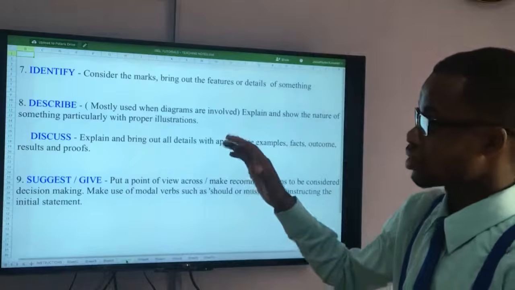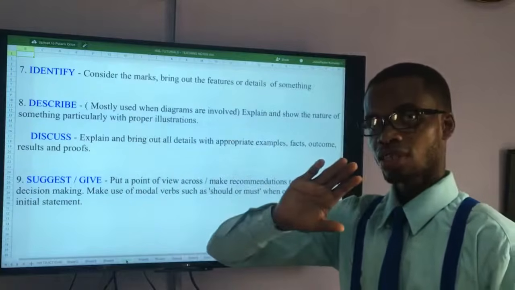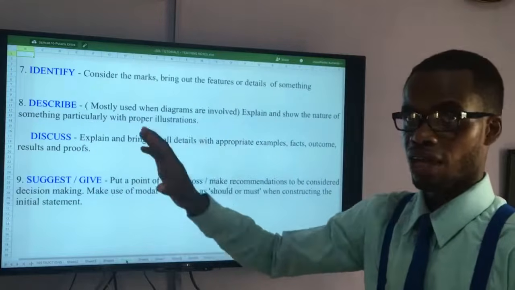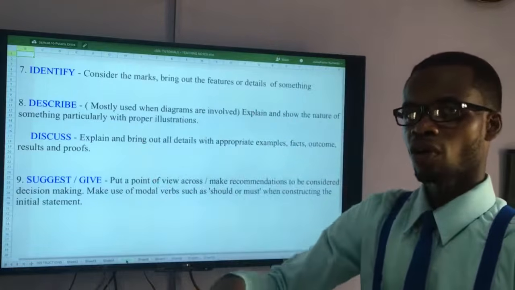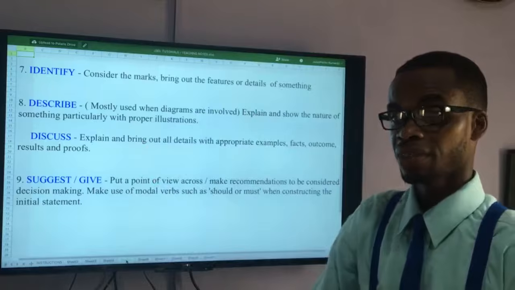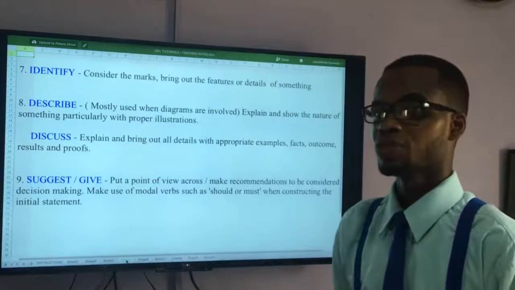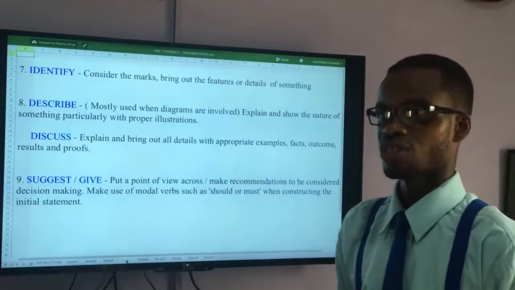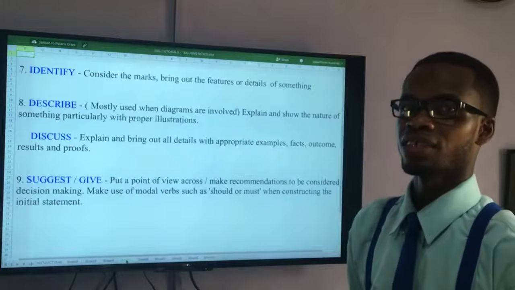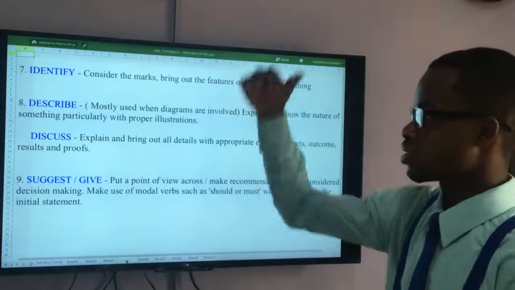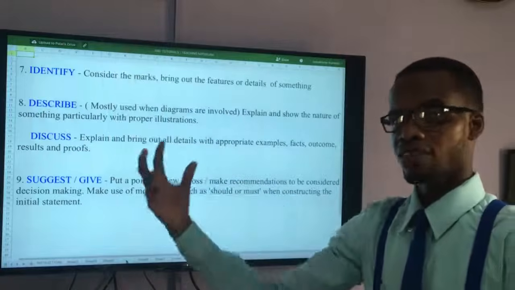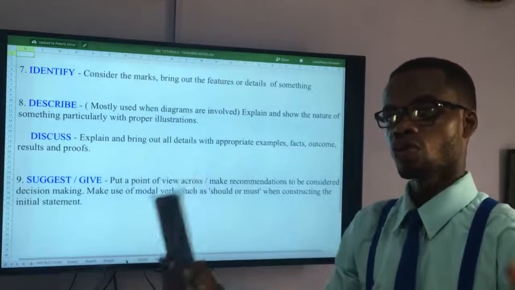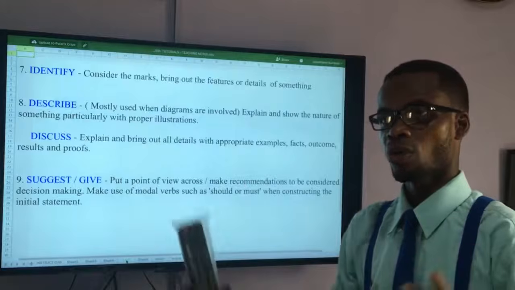Other than that, if the question is describe cyclonic rainfall, 10 marks, even if they don't add a diagram or illustrate with a diagram, then you have to be smart to know that you need to go further and draw. So you just say, cyclonic rainfall is the type of rainfall that is formed as a result of 2 winds clashing, or meeting.